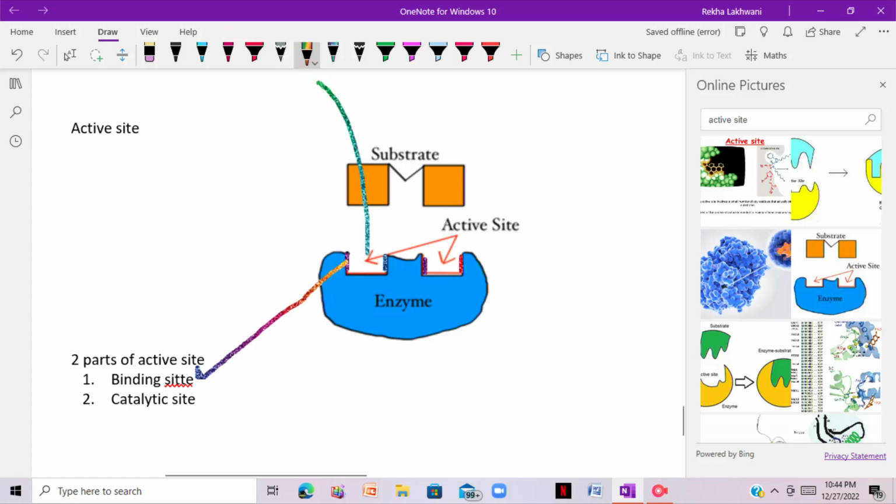Basically, the active site is made up of 2 to 12 or 13 amino acids. In some books it is written that the active site is made up of 2 to 12 amino acids. So I hope this concept is clear to you.